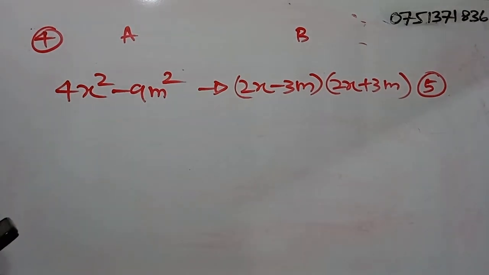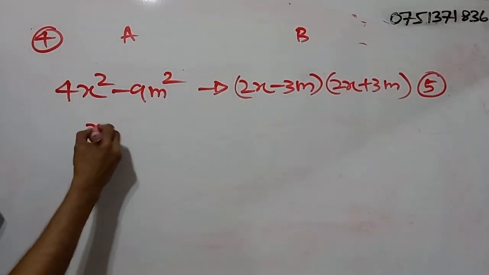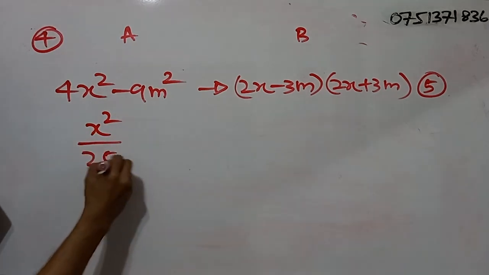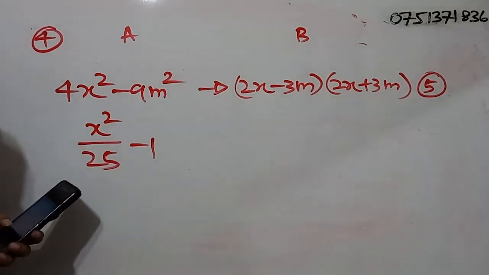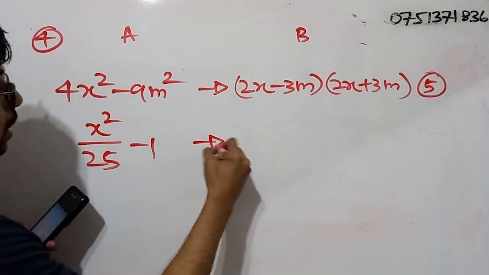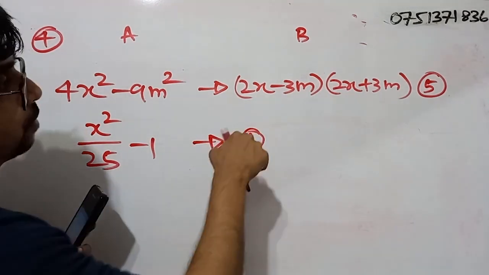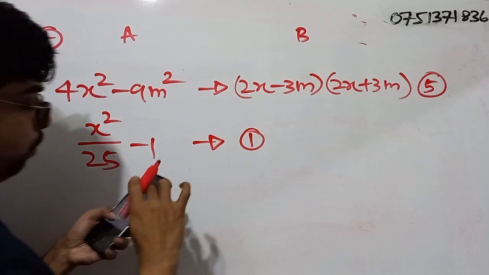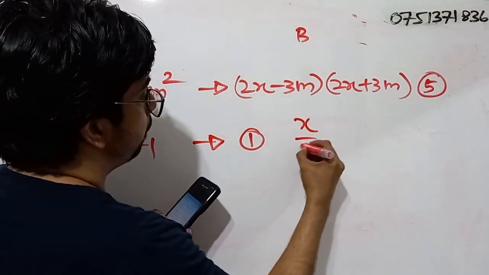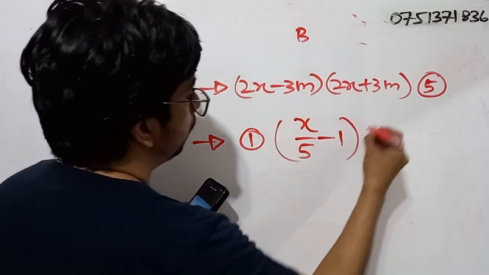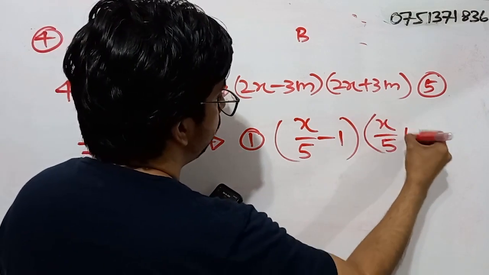So there is one that we haven't talked about, which is the last one, right? So definitely, what should be the answer? The first response of the B side, which is x divided by 5 minus 1, x divided by 5 plus 1.